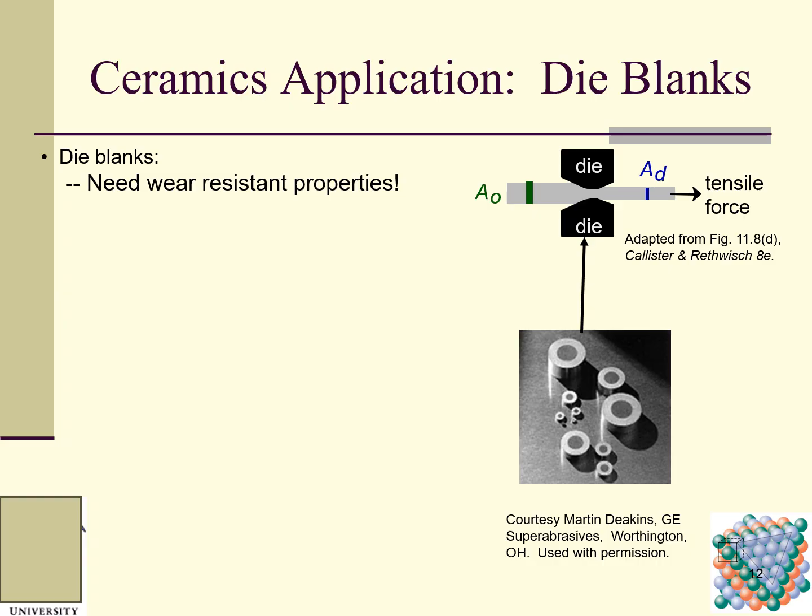The sample can go through this orifice between these two dies, and we can reduce the thickness from the original thickness to the desired thickness. So these ceramics can be used as this die.